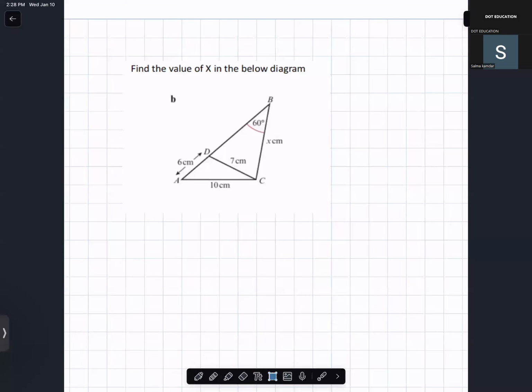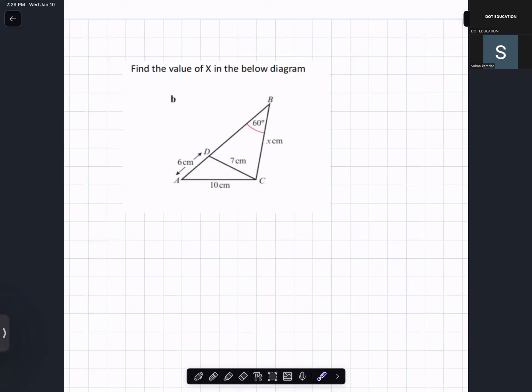We are looking at other applications using our cosine rule and the sine rule in solving our triangle. So we look at this triangle given to us here. You can see that these are two different triangles joined together.